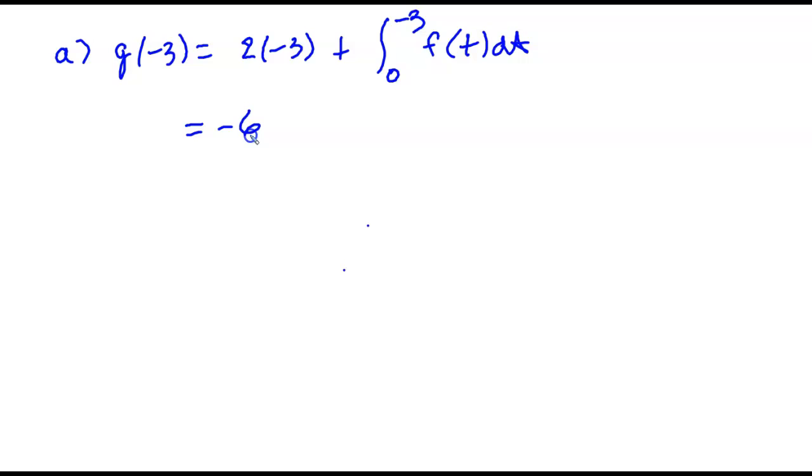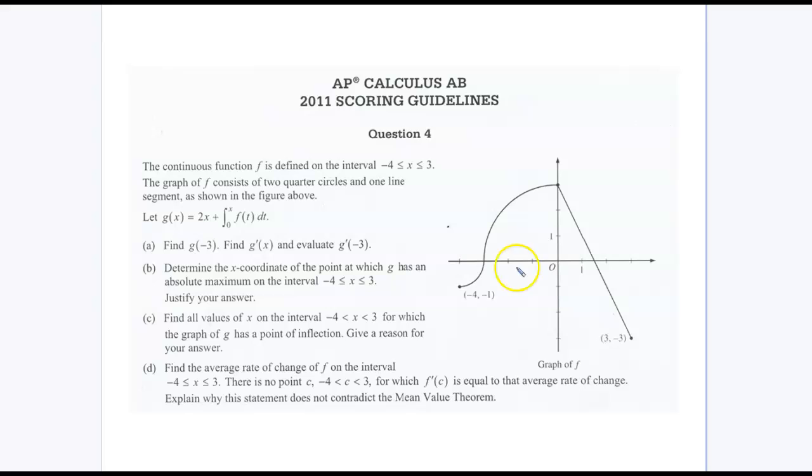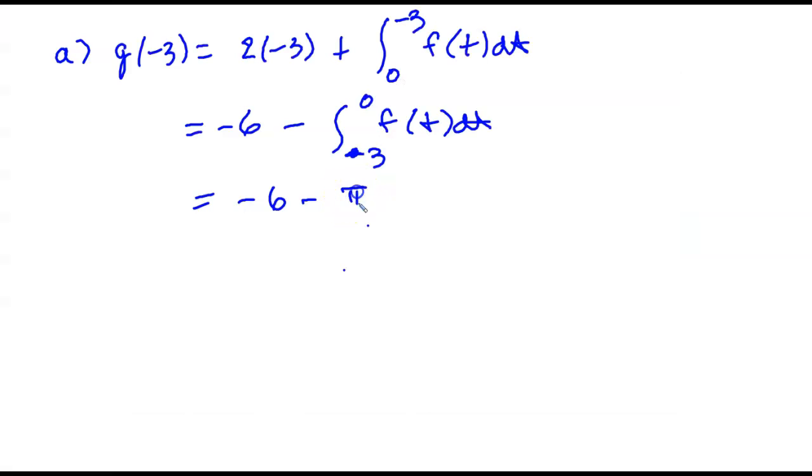So this is going to be -6 minus the integral from negative 3 to 0 of f of t dt. So I switch my limits, so I have to include the negative. If I go from negative 3 to 0, that is a quarter of a circle with a radius of 3. So it's going to be pi over 4 of my radius squared. So this ends up being negative 6 minus 9 pi over 4. So that's g of negative 3.